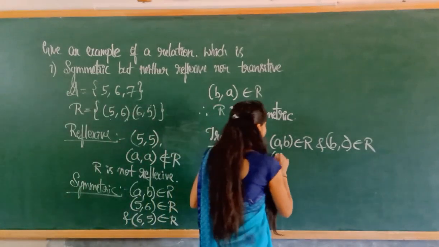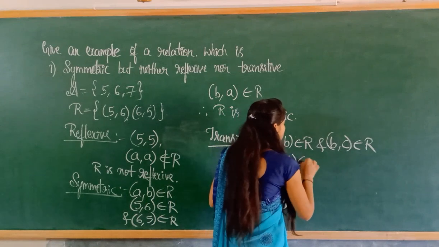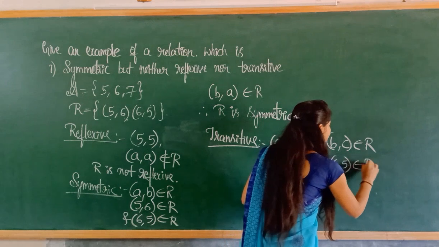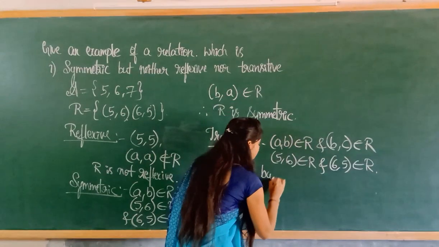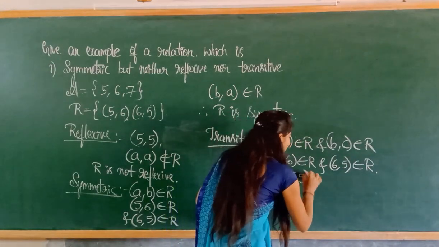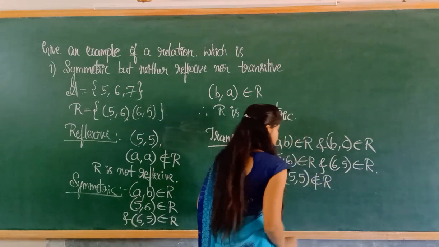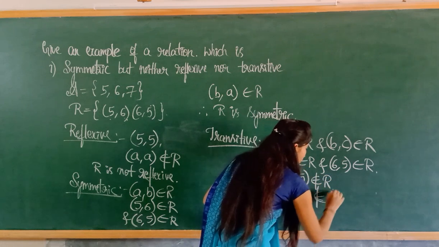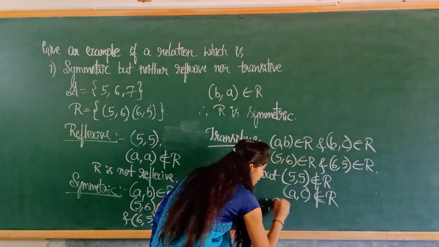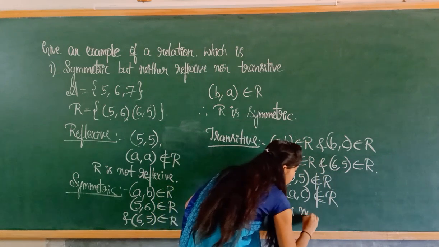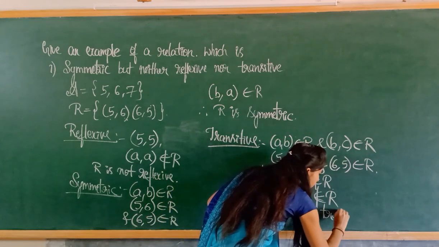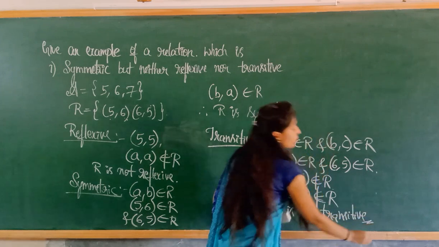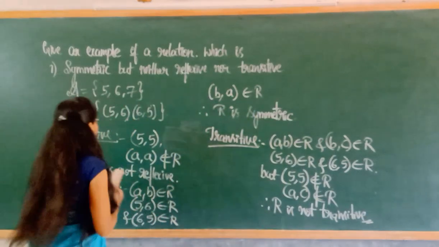So (5, 6) belongs to R, and (6, 5) also belongs to R, but (5, 5) does not belong to R here. Therefore, R is not transitive. Okay, next problem.